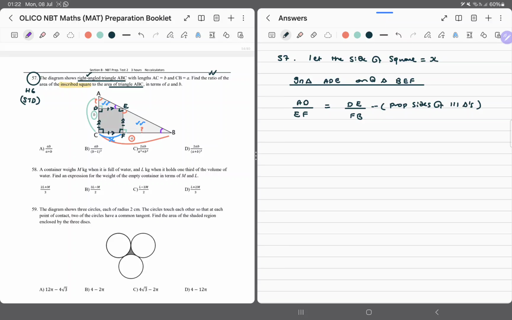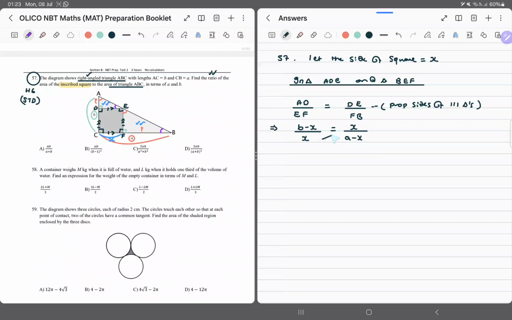So now, guys, we just substitute. So AD, remember we said this is X and the whole side is B, so AD is going to be B minus X over, and then we've got EF. EF is just X equals, then DE is X over FB is basically A minus X. Okay, great.